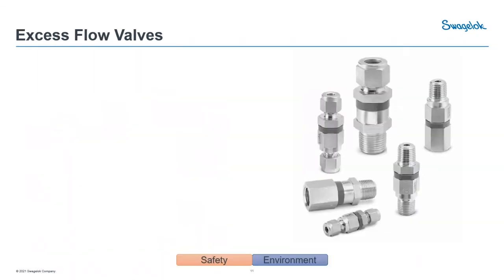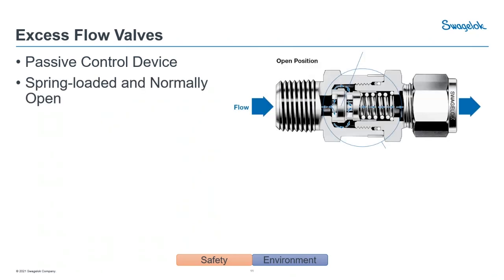And the one thing I'm going to jump into real quick, because they are in the same family as check valves, is what are called excess flow valves. Like I said, they're very similar to check valves in that they are a passive control device and they are spring loaded. Unlike the check valve, though, these remain in the normally open position until an excess flow event downstream occurs, maybe a system rupture where you're losing containment.